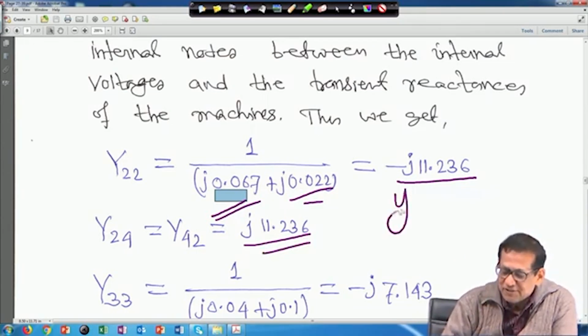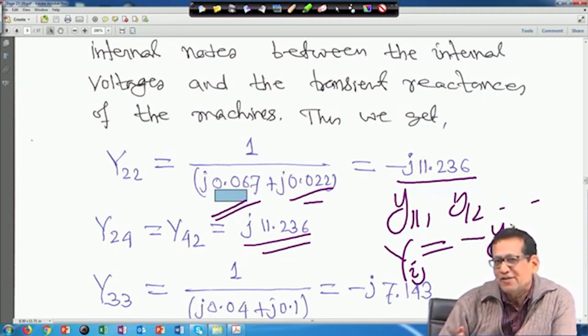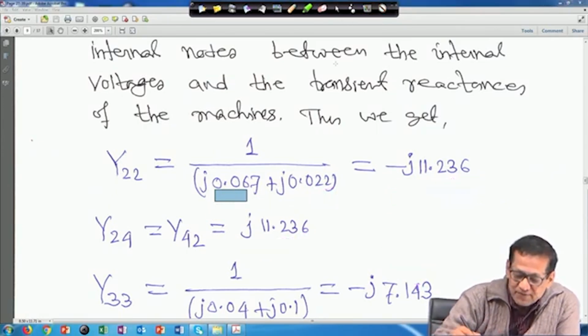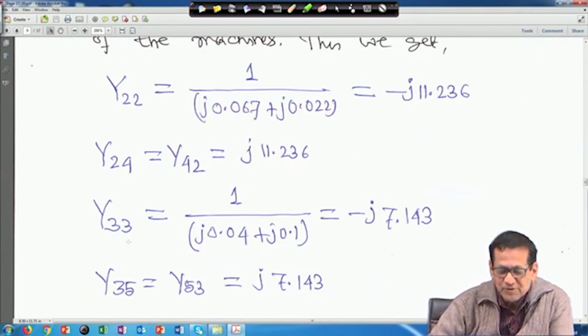We know that we calculate small y11, small y12 like this, and capital Y_ij is equal to minus small y_ij. In the diagonal we just add all the small ones, so the diagonal will always have a negative sign, and the off-diagonal one will be minus of small y, so it will be a positive sign. So Y24 is equal to Y42, which is j11.236.